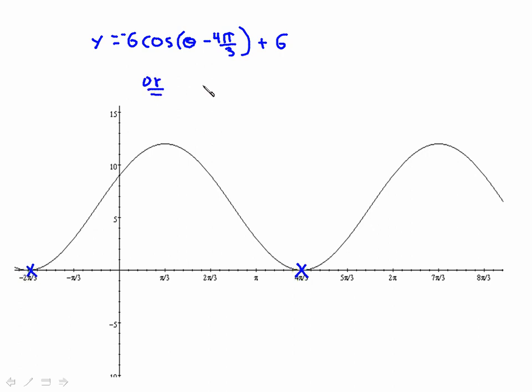Or, if you went the other direction, y is equal to negative 6 cosine theta plus 2 pi over 3 plus 6. Either one is correct. You just have to recognize where the starting point is, and the question you're asking yourself is, how far has that non-translated graph been moved to be where it is currently? And in both of these cases, the trough should have been on the y-axis.